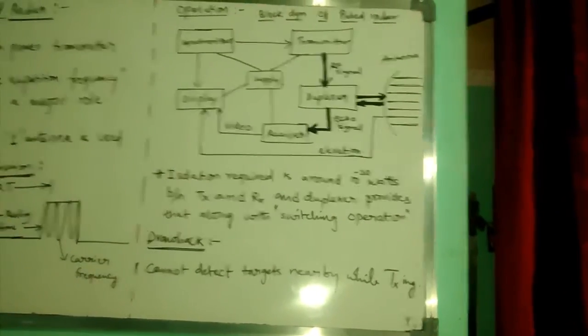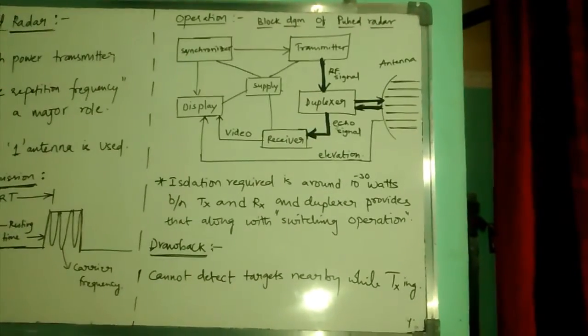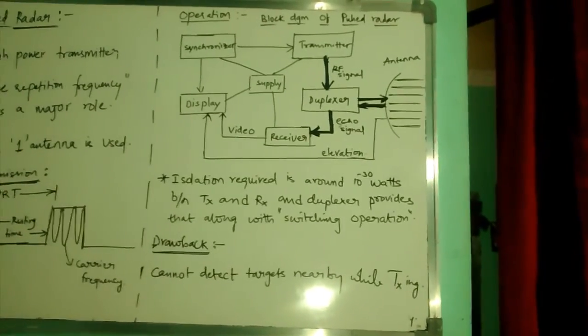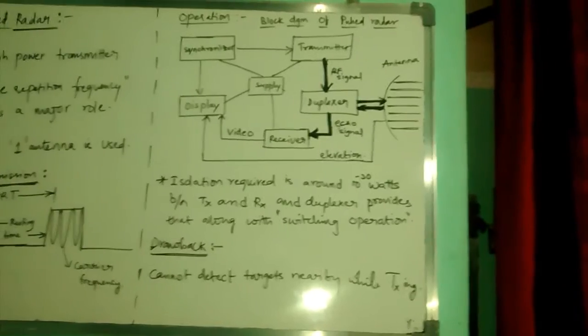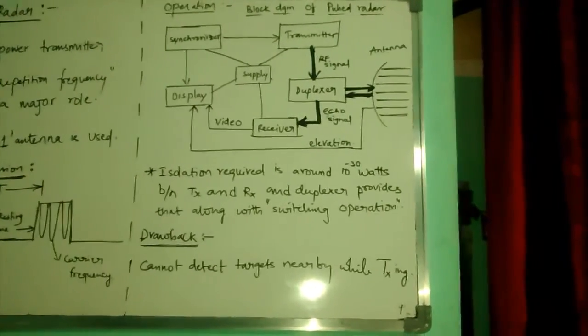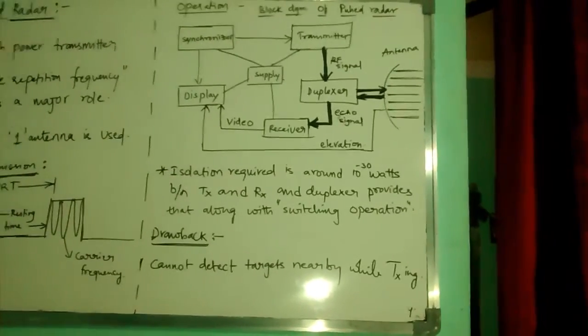Why shouldn't the transmitter affect the receiver? Because the transmitted signal is of high power, in the range of hundreds of watts to kilowatts, and at high frequency.